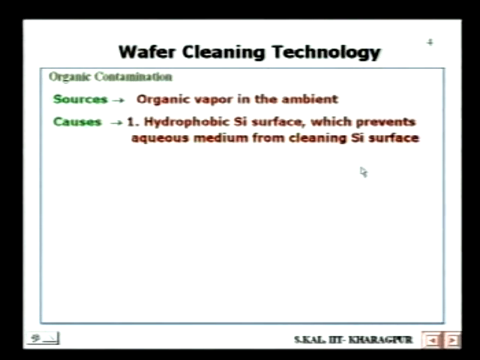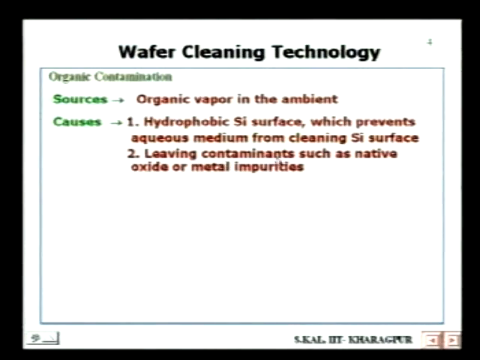If any portion of the silicon wafer is covered with organic contamination, for example fatty acid, which can come from the human body, if you touch the silicon surface with your finger, or catch a wafer with your bare hand, then the impression from your finger will remain on the surface. That is organic contamination, and it can prevent the aqueous medium from further cleaning the silicon surface, leaving contaminants such as native oxide or metal impurities.